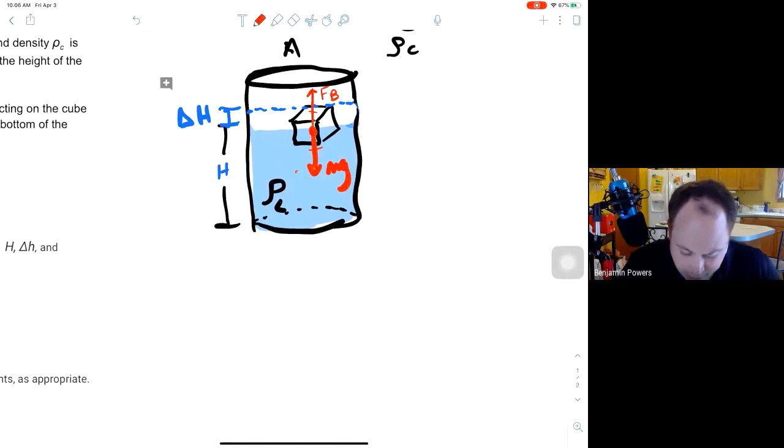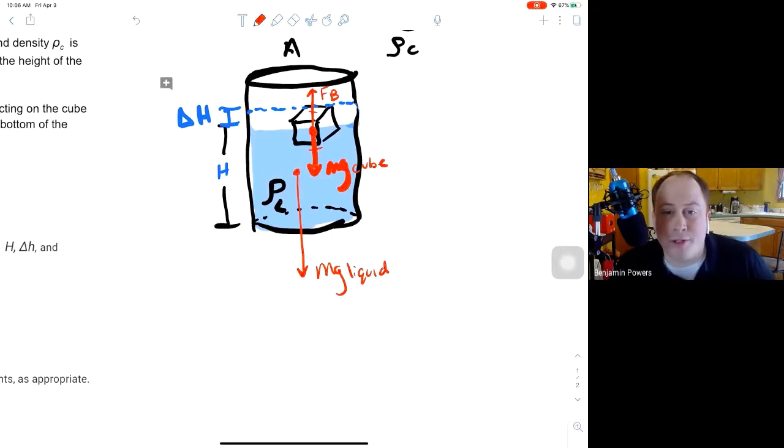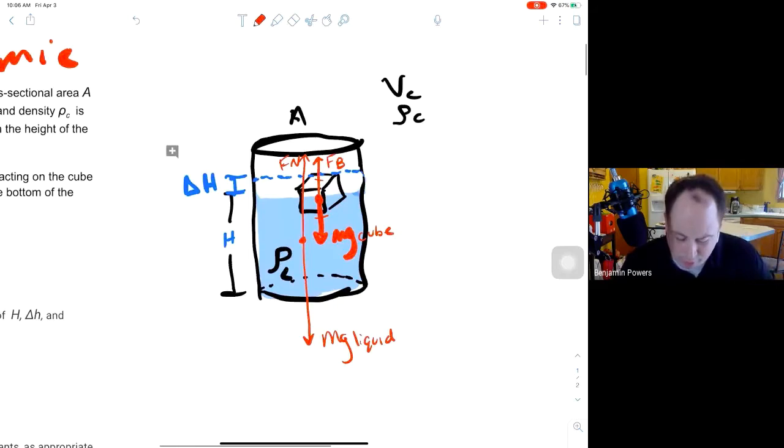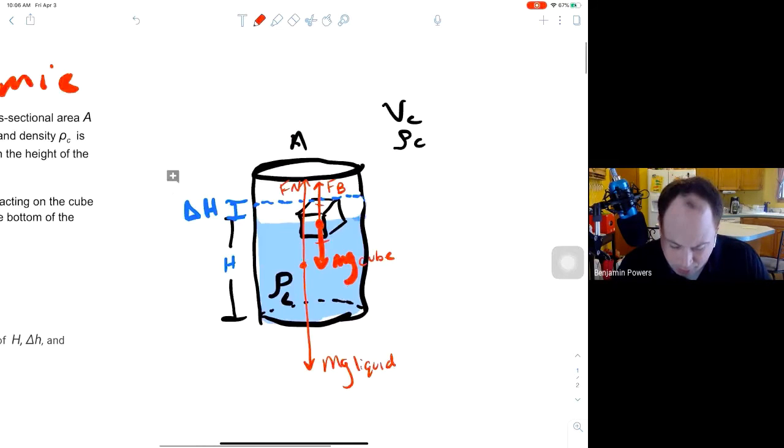Let's just say draw from the center of the liquid. It's going to have a weight, mg of the liquid. This is mg of the cube. And then the force that's responsible for balancing that out is an upward force coming from the bottom of the container, that would be the normal force. Sorry, they kind of overlap, but if I could zoom in a little bit more, that's about it.